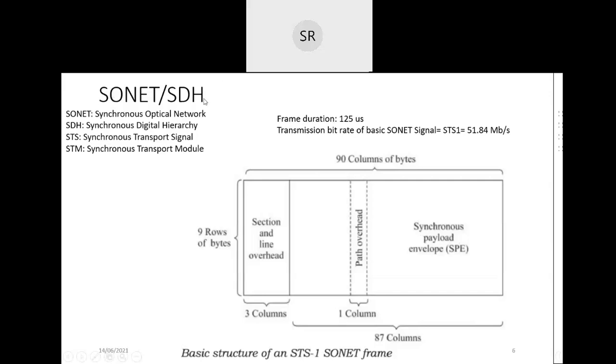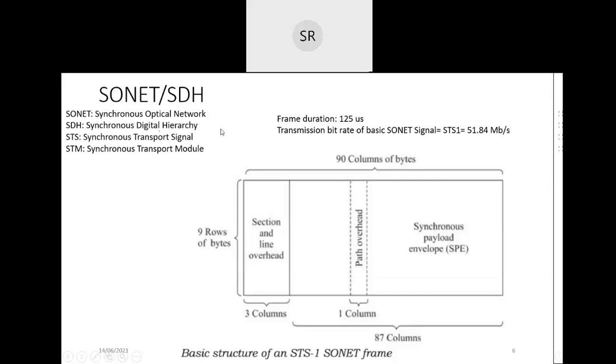Now we say SONET or SDH. SONET is the standard used in America, and SDH is the standard used by all the rest of the world. Instead of speaking of SONET, you can speak of SDH also.